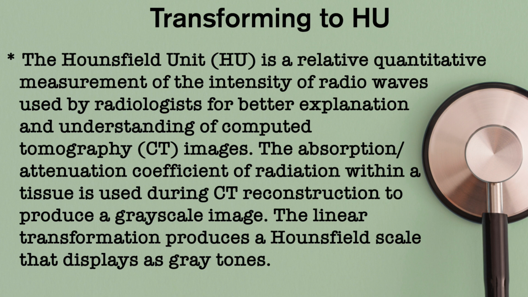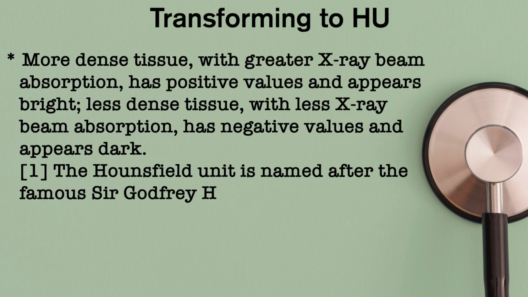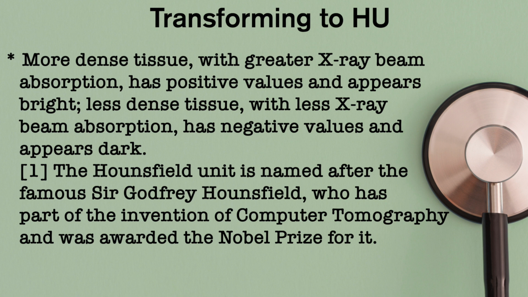The linear transformation produces a Hounsfield scale that is displayed as a gray tone. More dense tissue with greater X-ray beam absorption has a positive value and appears very bright. Less dense tissue with less X-ray beam absorption has a negative value and appears dark.